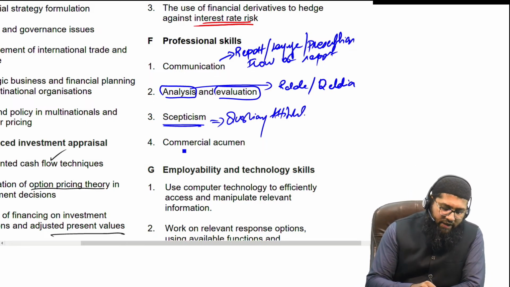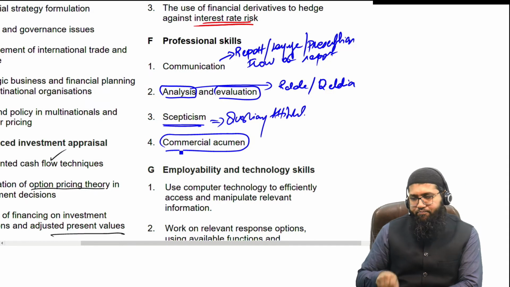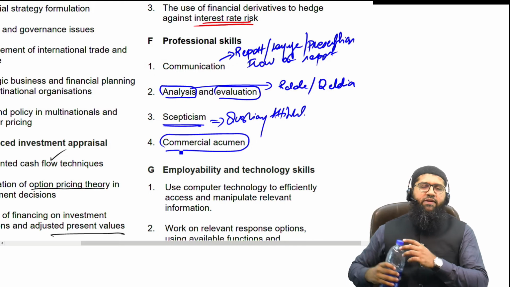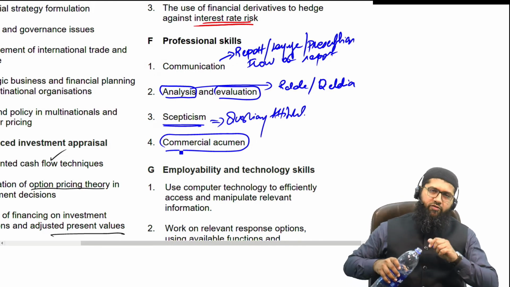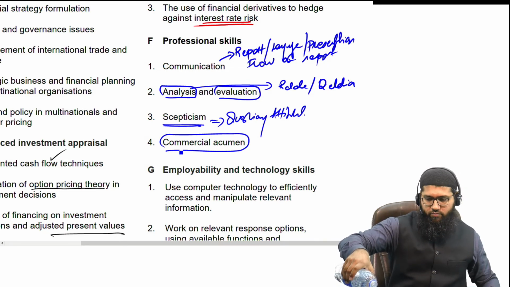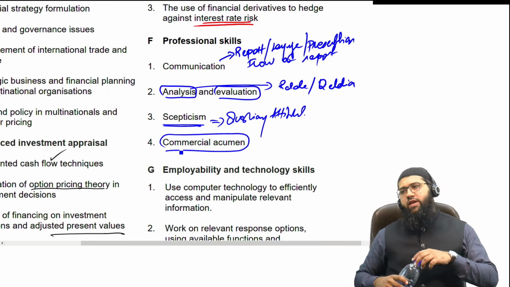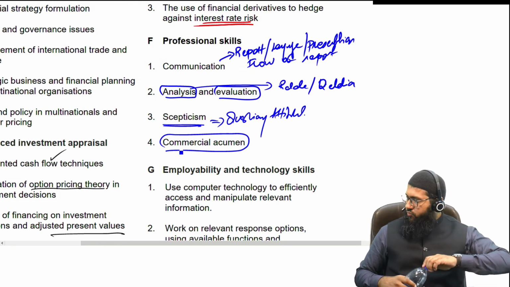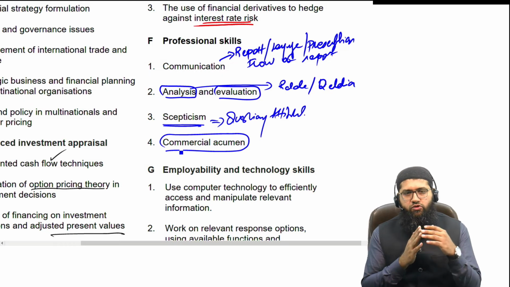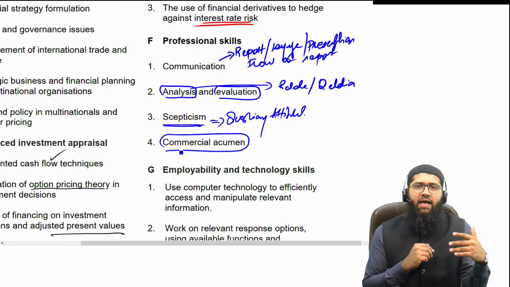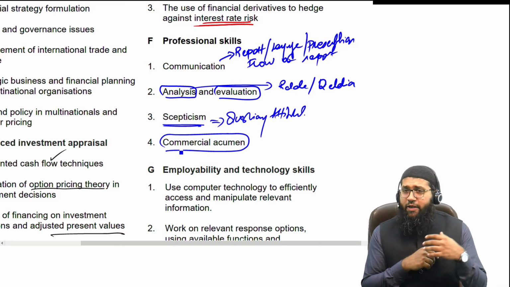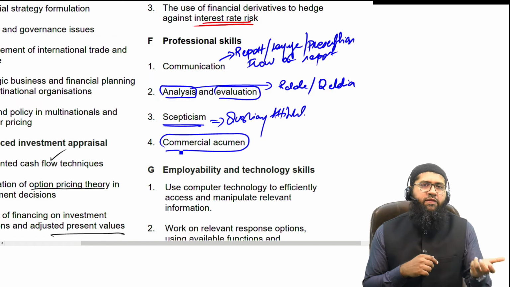And lastly, having a commercial acumen. You see, when we study taxation, we study two things. One of them is tax evasion, one of them is tax avoidance. Tax evasion is illegal, tax avoidance is legal. When you avoid the tax, at times you are acting ethically, at times you're not acting ethically, depending upon the situation, depending upon the circumstances, because you play with the loopholes in the rule, in the law.